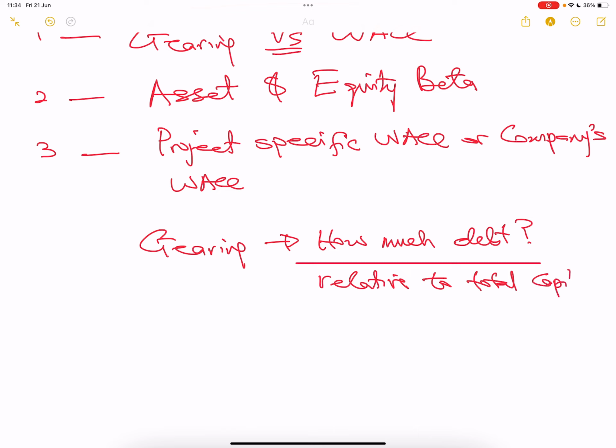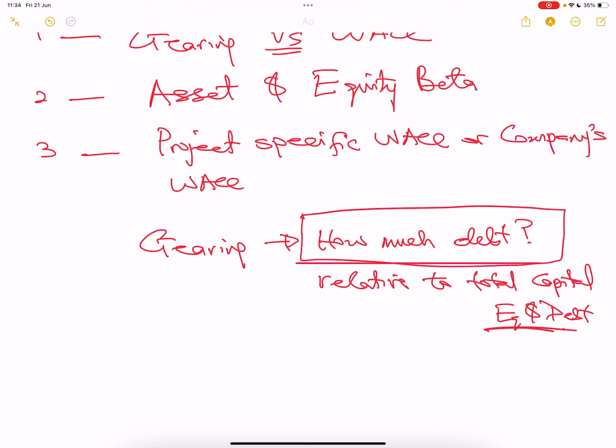And remember, the total capital means equity and debt. That's the total capital. But our focus now is the volume of debt. How much debt do you have? Which is your gearing. And how does that affect your WACC as a company? That's what we want to look at.